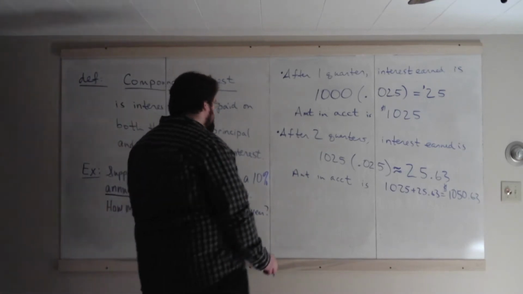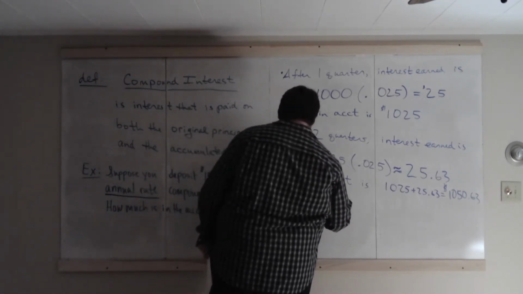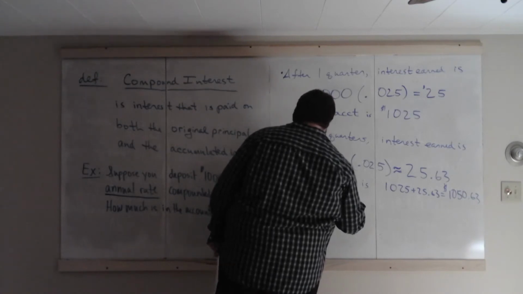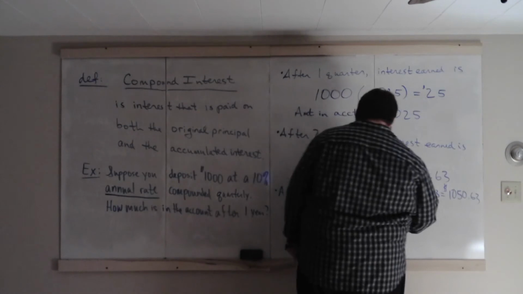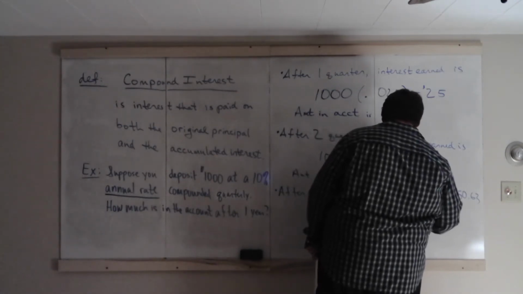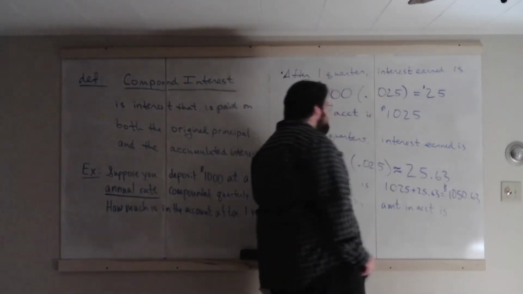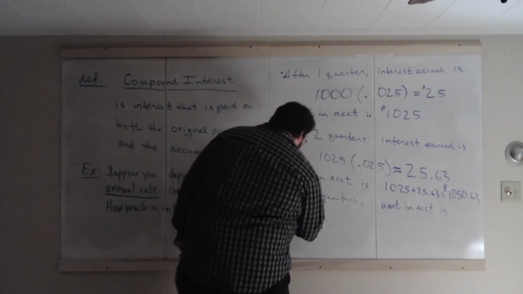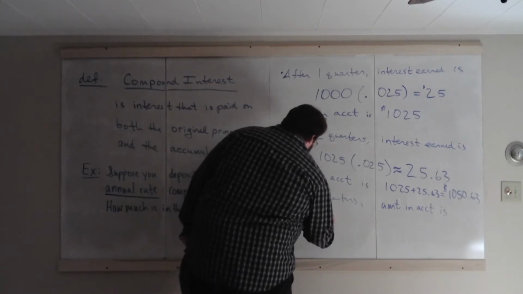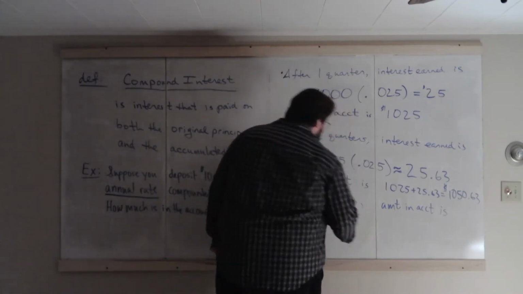What about 3 quarters? After 3 quarters, the amount in the account is, so here I'm just going to jump straight to the amount in the account. Well, we start with $1,050.63.